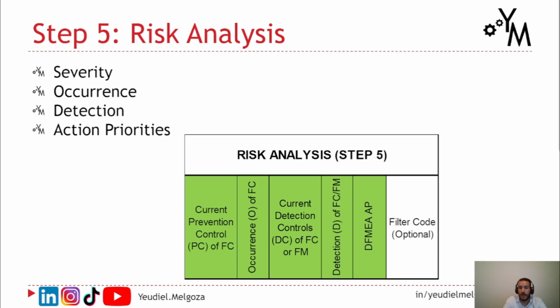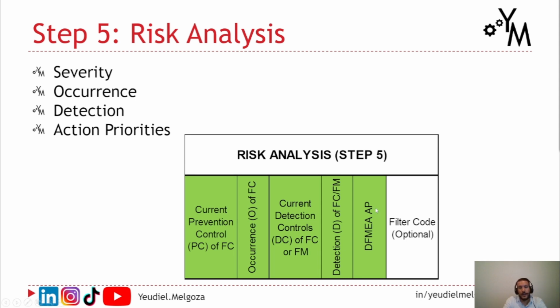And more than establishing a risk priority, it is rather a priority level of action needed to reduce the risk of failure to function as intended. Every potential evaluation combination is assigned as high, medium, or low, and these AP values are standard. So we are going to have tables in the core tool, and based on those tables, depending on the scores of SOD, we are going to determine the high, medium, or low action priority.